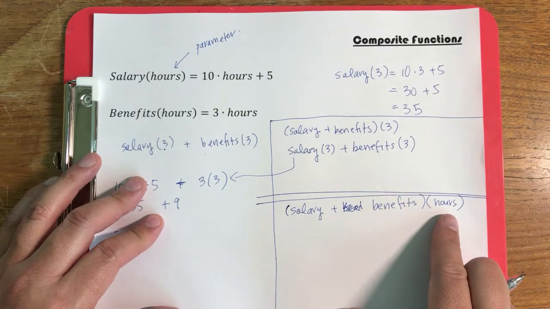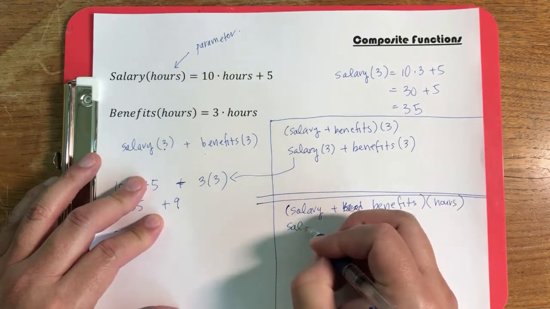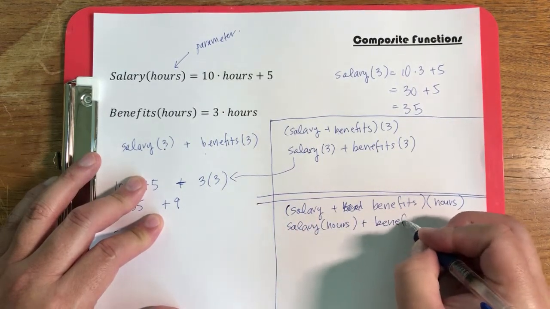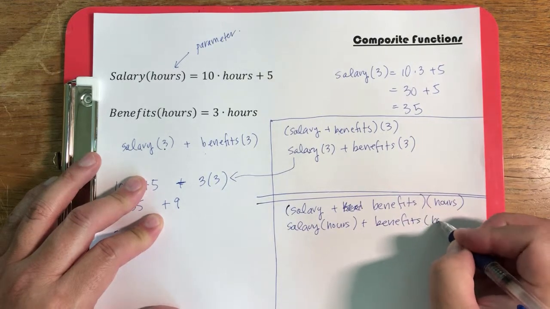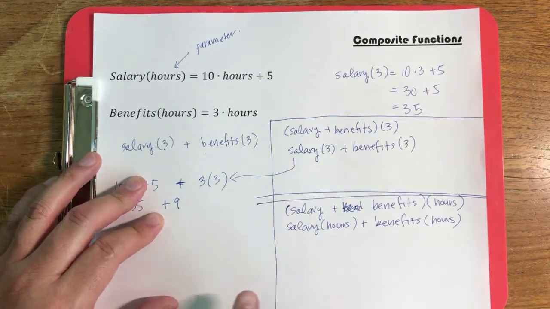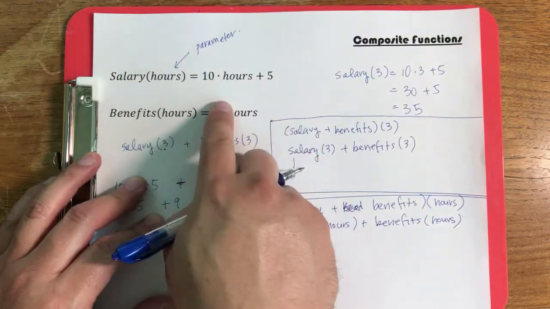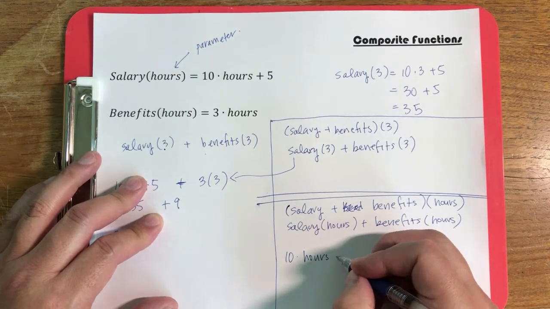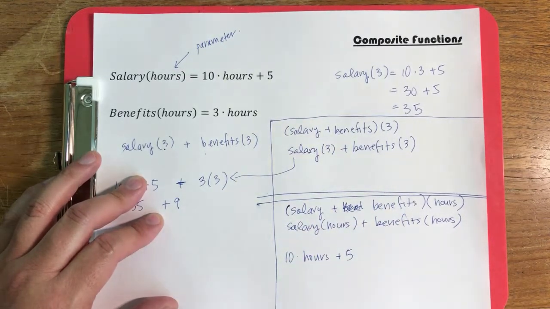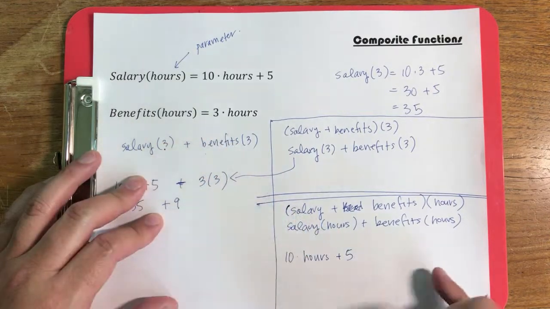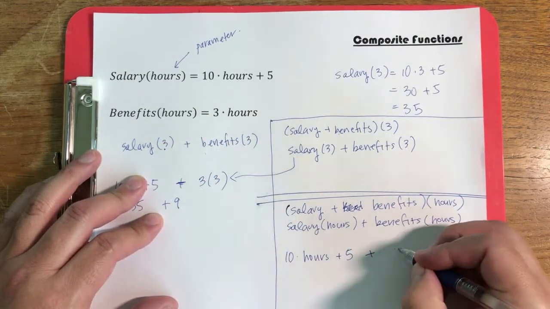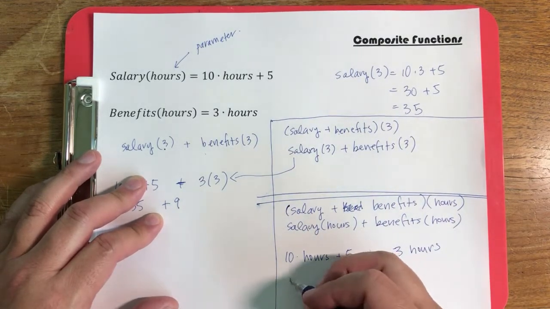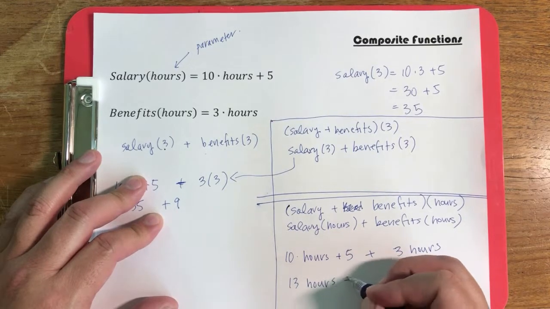And then I would plug this, and then this would turn into, and then I would then substitute this expression for salary. And then I would substitute this expression for hours. And then if we combine like terms, we would get 13 hours plus 5.